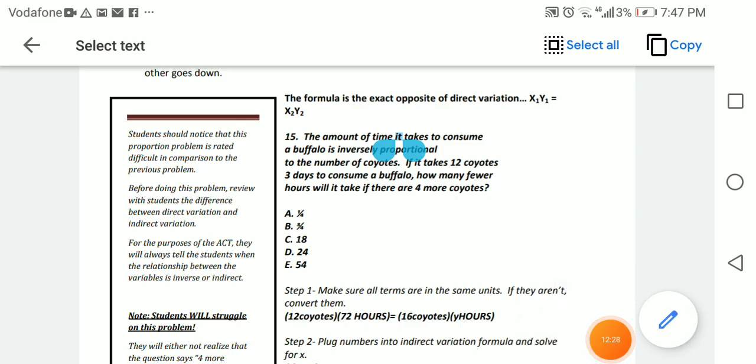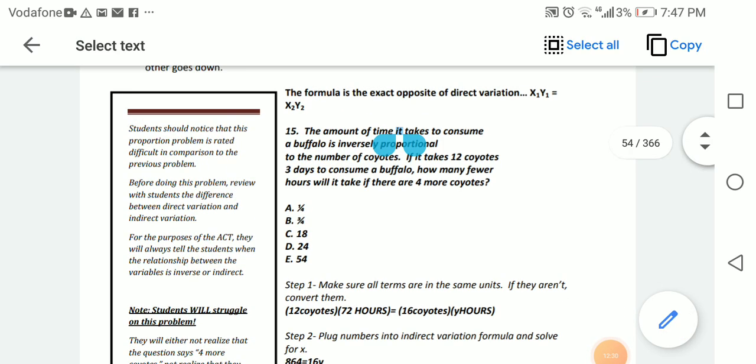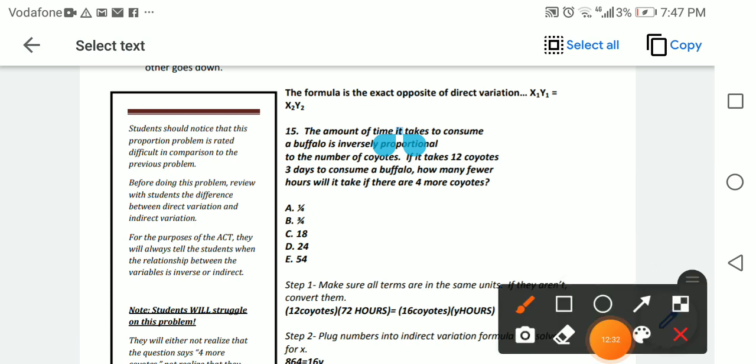Again for this example: the amount of time it takes to consume a buffalo is inversely proportional to the number of coyotes, like foxes or some animal like this.